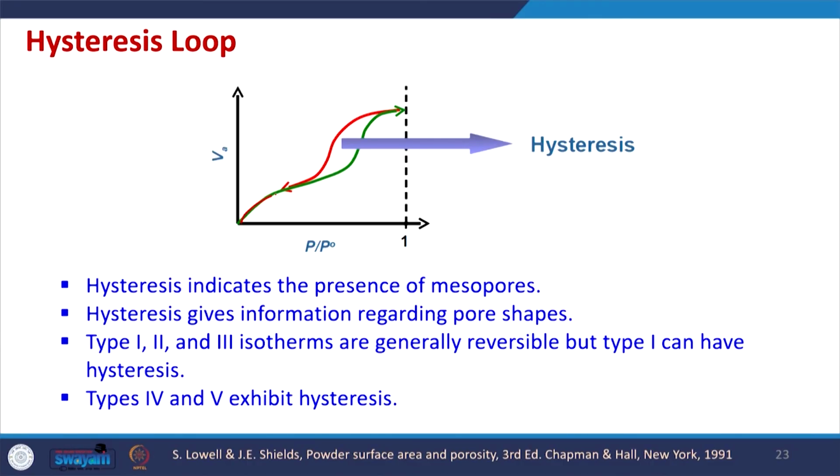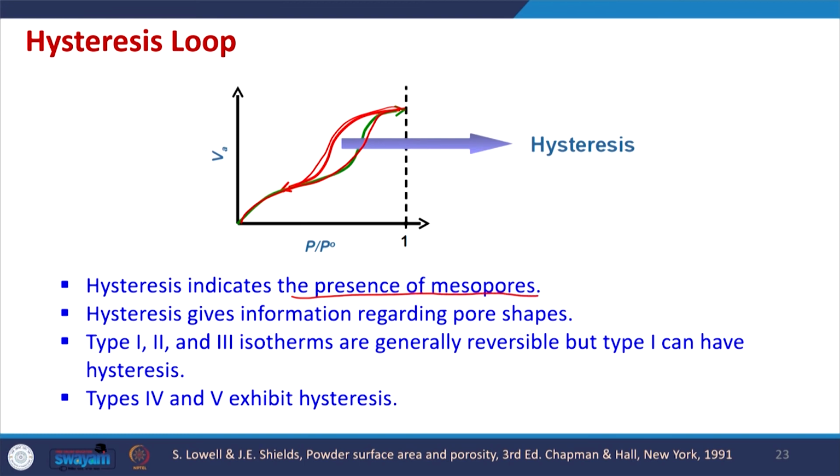Also, because we perform both adsorption and desorption, during adsorption it will go like this, but during desorption there will be hysteresis. If an adsorbent shows hysteresis, it means that there are more mesopores.